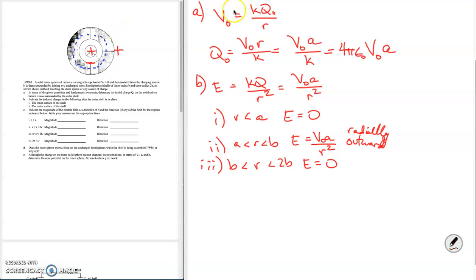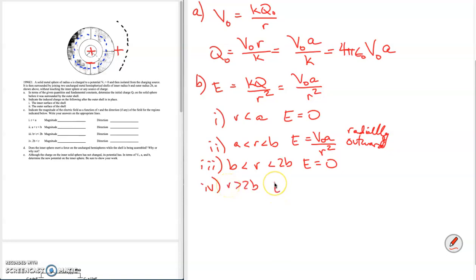And then when we get to outside here for part 4, way out here, for radius greater than 2b, we will have enclosed just that positive charge. We will have a plus and a minus, they cancel each other out, and then a plus. So what we see here is just the plus charge. So for part 4, r is greater than 2b.